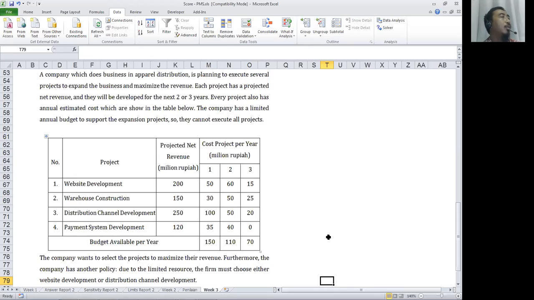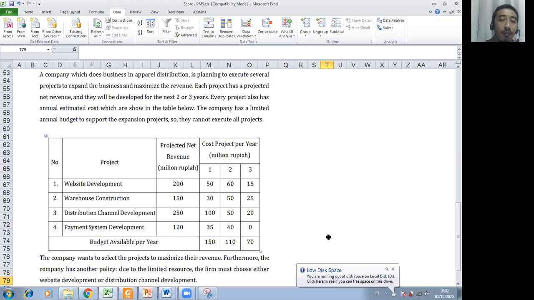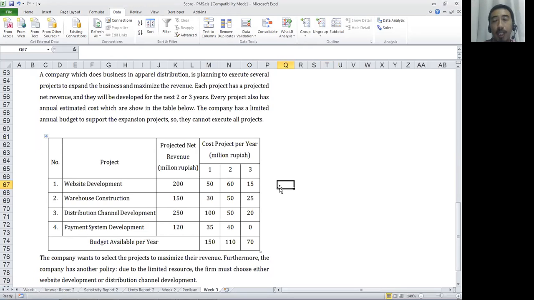Sometimes the question is about classes: how to maximize your credit, whether you need to take a certain class or not. Or whether a company needs to have certain training or not. Whether the government needs to build a certain facility or another facility.